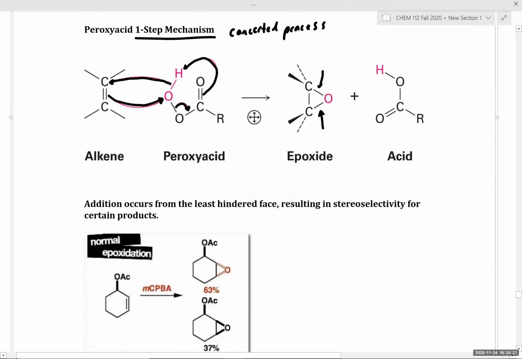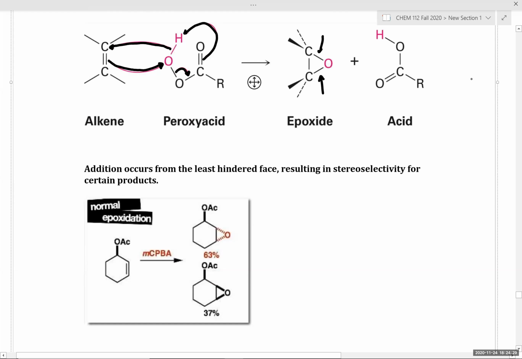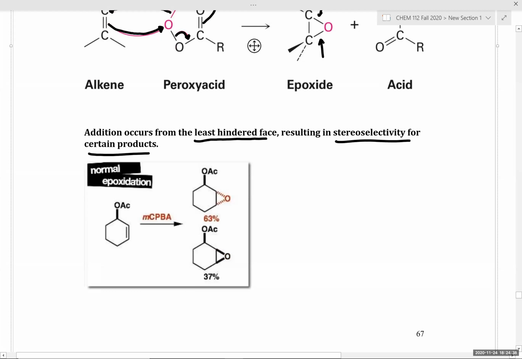Now, what's pretty interesting is that the addition occurs from the least hindered face, resulting in stereoselectivity for certain products. So for example, if there's stereochemical bias in your molecule, you can observe selective epoxidation from the least hindered face.